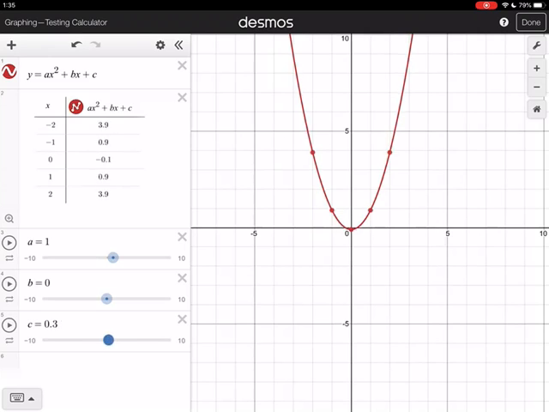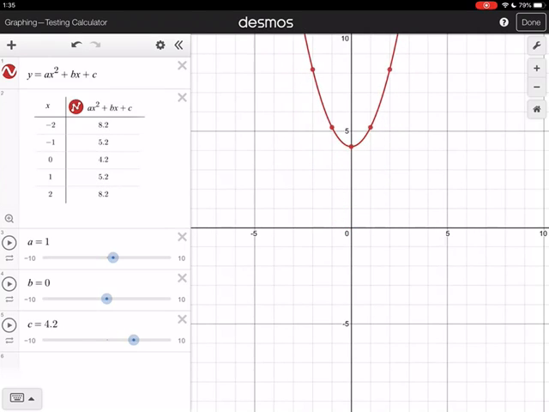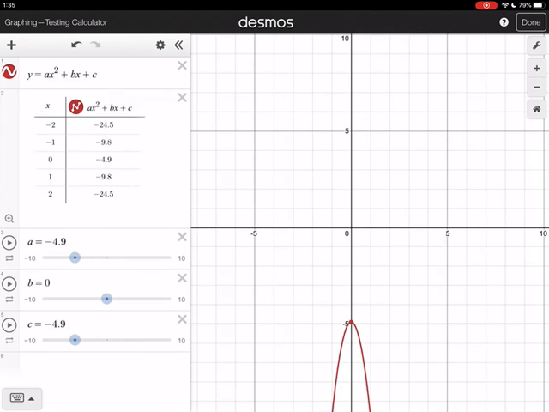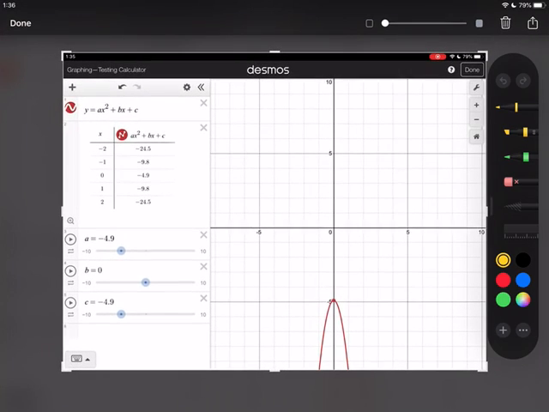Or your graph might have no intercept, which means it looks like that, or like that, where the graph actually never crosses the x-axis. So that means your graph is either below the x-axis, like the one we're seeing right now, or it might be above the x-axis like this.